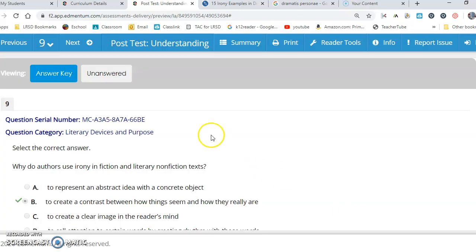Okay. Why do authors use irony in fiction and literary nonfiction texts? This is to create a contrast between how things seem and how they really are. And to give you an example of what this looks like, in the Disney movie Monsters, Inc., they had to scare children in order to gain energy for their city.